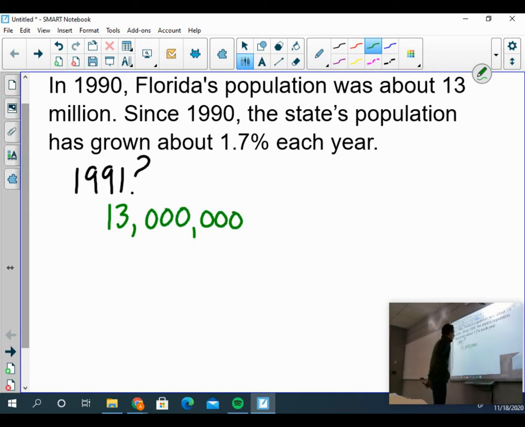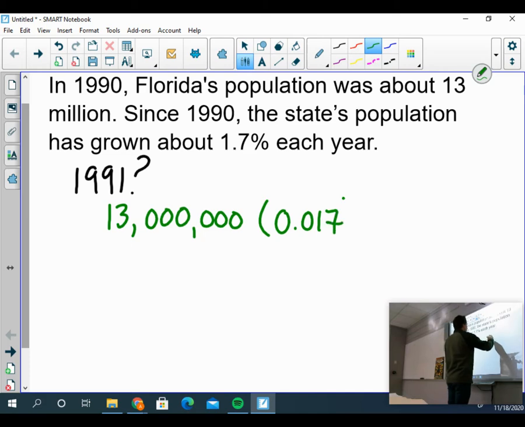We want to take a percentage of that. We're growing by 1.7%, but in order to grow by 1.7%, I have to know what 1.7% of 13 million is. What I hope you did is you then said, well, I'm going to multiply by 0.017.